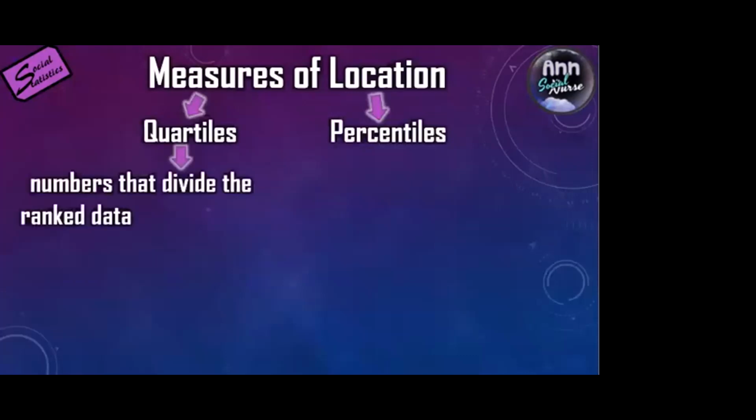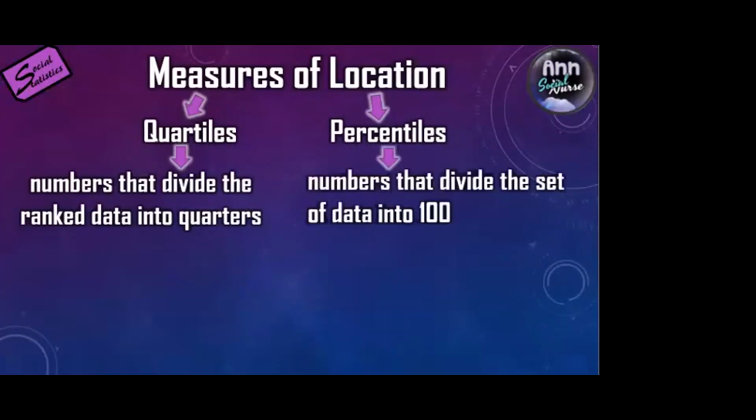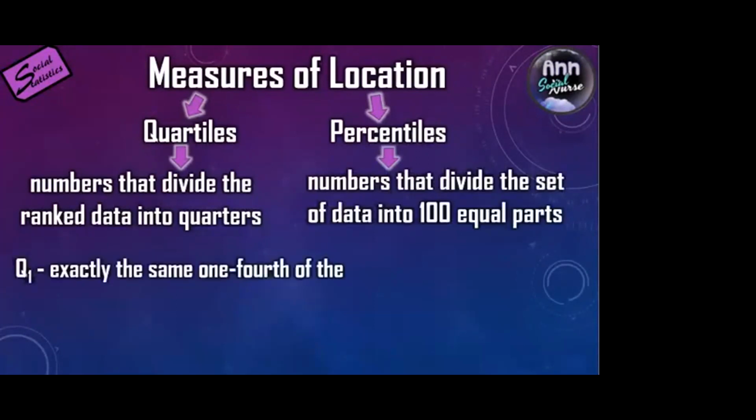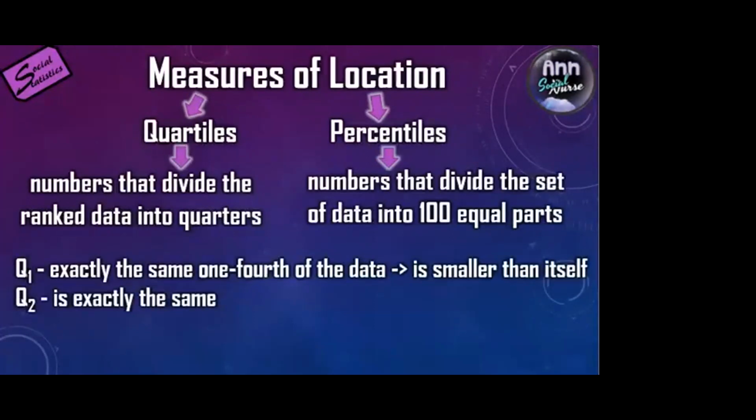Quartiles are numbers that divide the ranked data into quarters. So if you quarter a peso, you have 25 cents. Percentiles are numbers that divide the set of data into 100 equal parts. So let's label the quarters Q1, Q2, Q3, Q4.